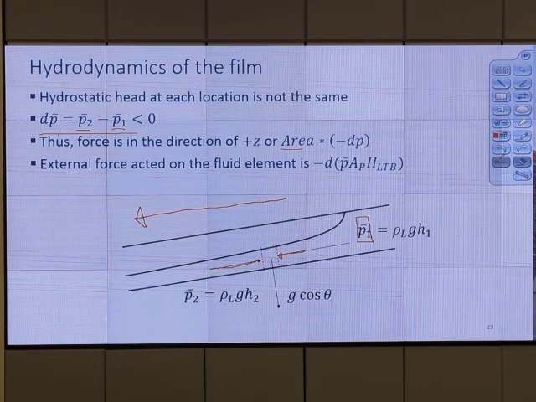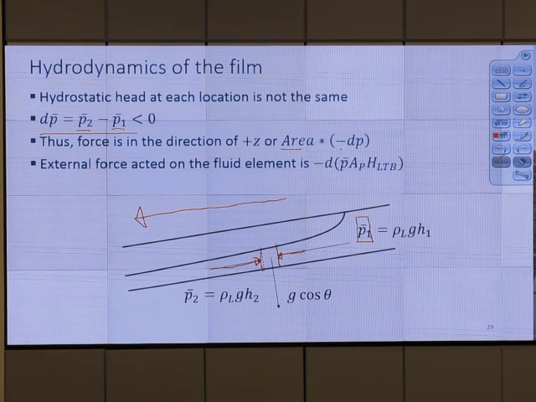So minus dP is P1 minus P2. P1, which is the taller side, minus P2. Okay, that is the net force. Because there's a difference in the hydrostatic head, outside fluid pushes against the control volume from different sides. That force, they are not the same.